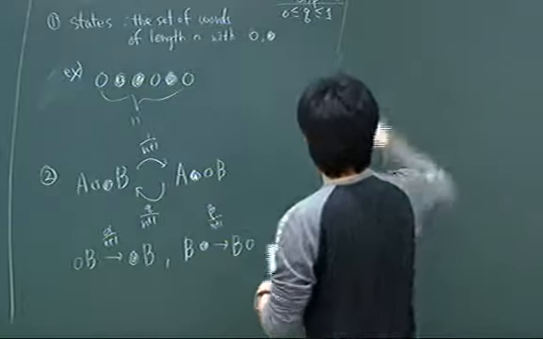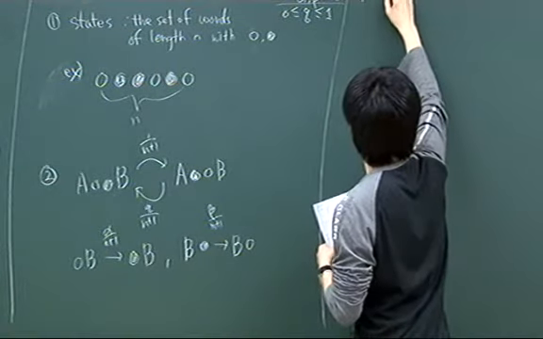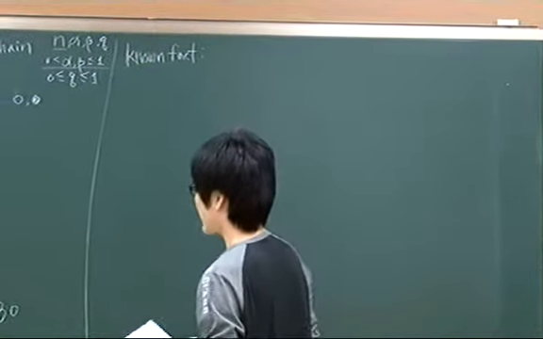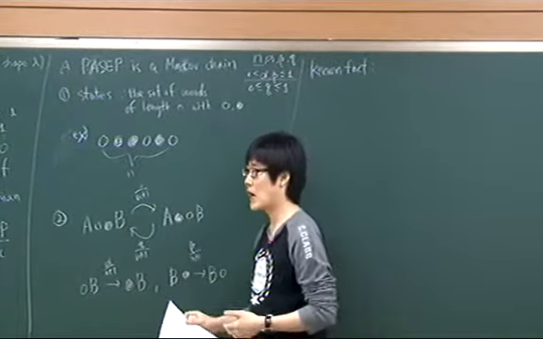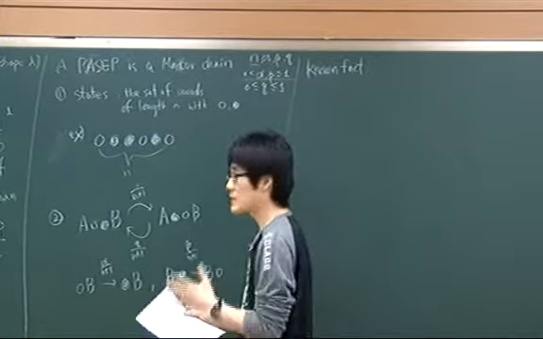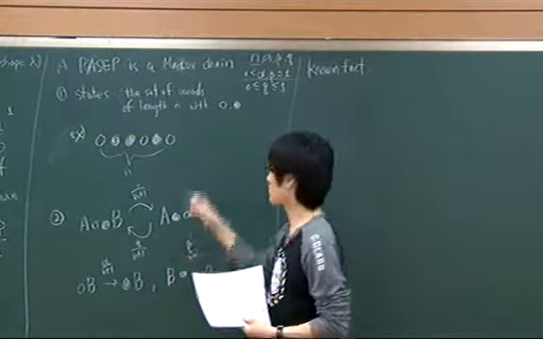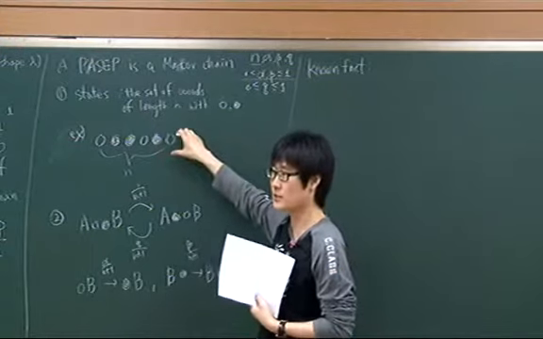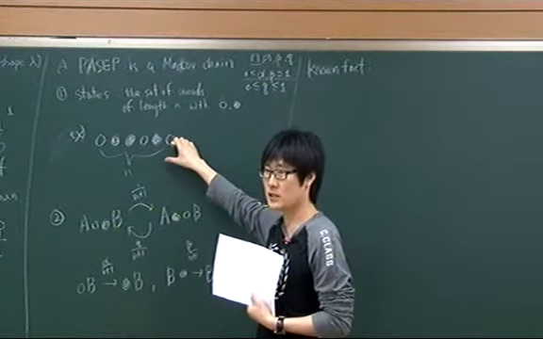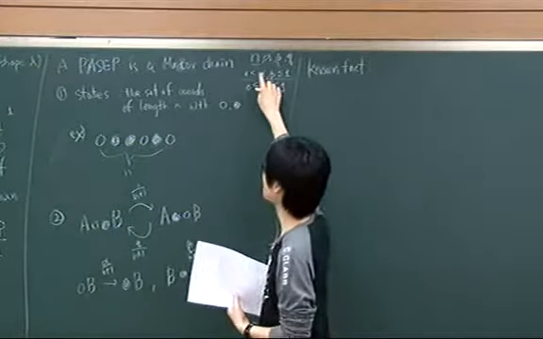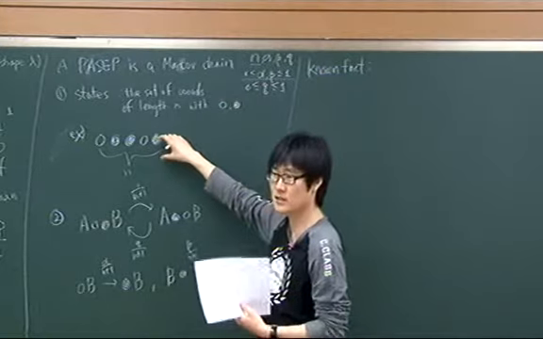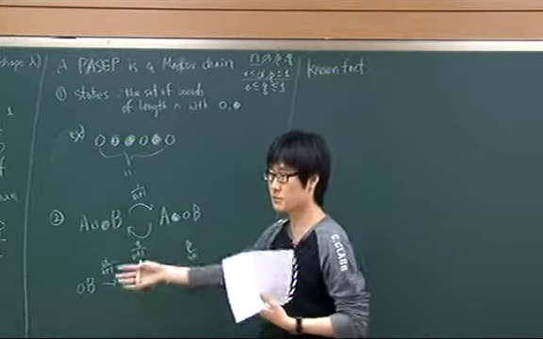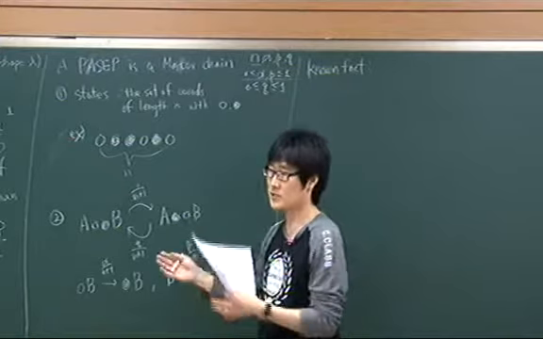So this is a simple model in statistical physics, and there is a known fact. If we observe this state in the long time limit, the probability that we can find this special state depends only on these numbers, meaning it has a limit. The probability that we can find this after sufficient time has a limit.